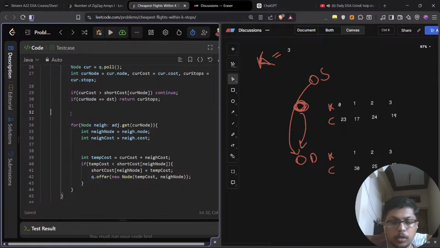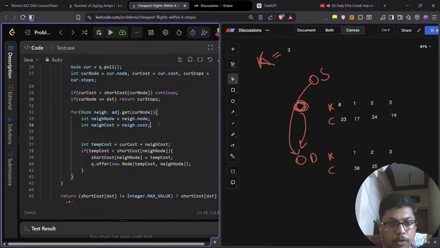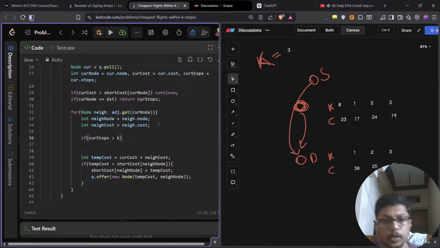So that is a bit of confusion. Let's try to do it here. If the current stops is still greater, we could try one more. If I want to try one more node, and if it is equal to K, I could still try, right?